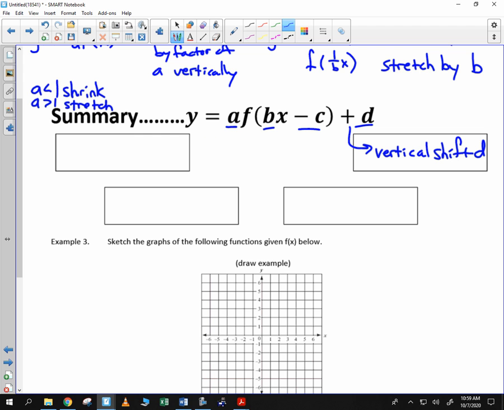And the a on the outside, that's a vertical stretch, a units. Also, if a is positive, it's just like it would be. If a is negative, then it flips it upside down.